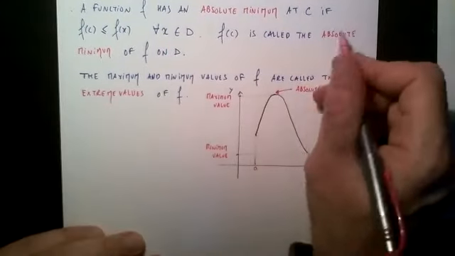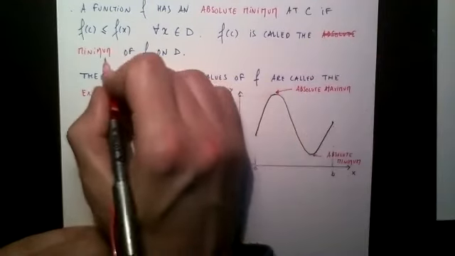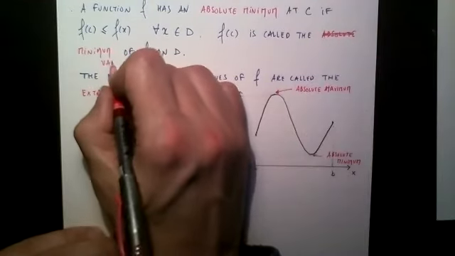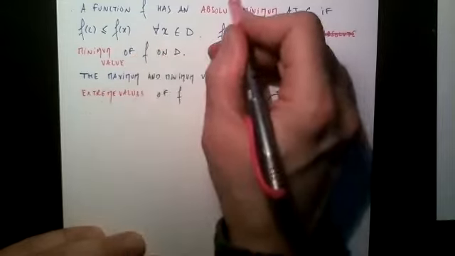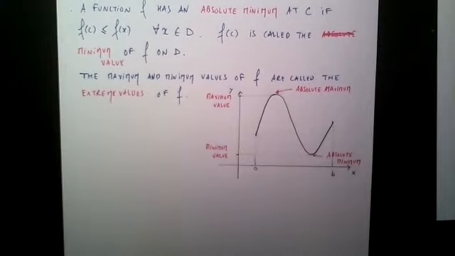You're right, instead of writing the absolute minimum it should be the minimum value. The problem is here. You're right, minimum value, thank you.